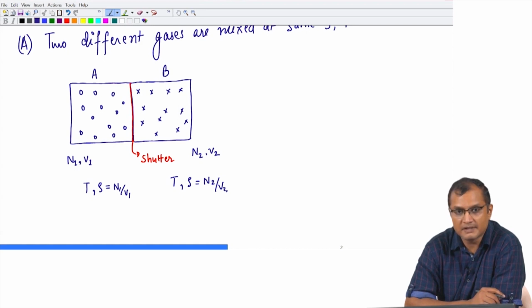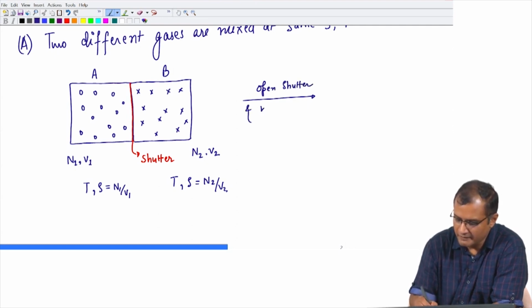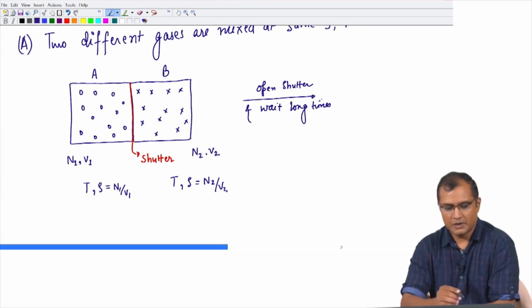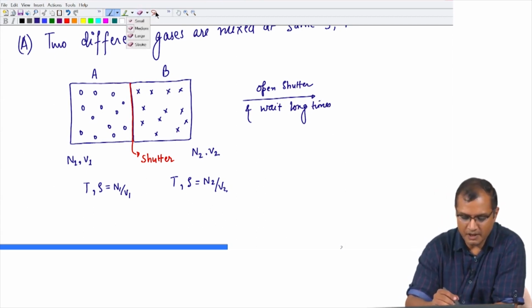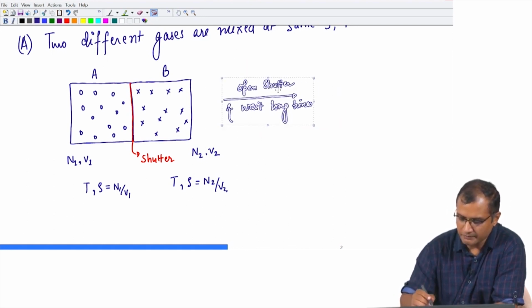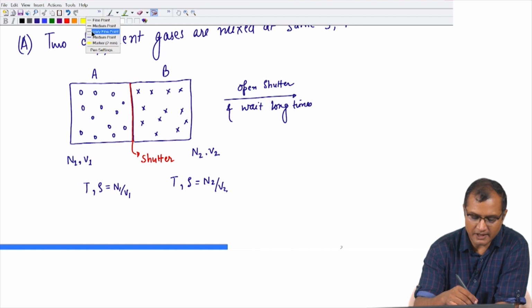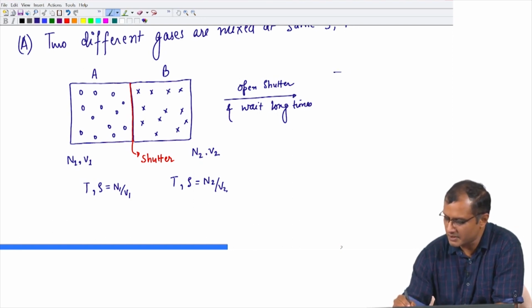Number densities are taken to be the same. So, if you open the shutter and wait for long times, what will you see after you come back? Let us say you go for a cup of coffee and you come back after a long time, what will you see? There are two different gases at identical temperature and density.